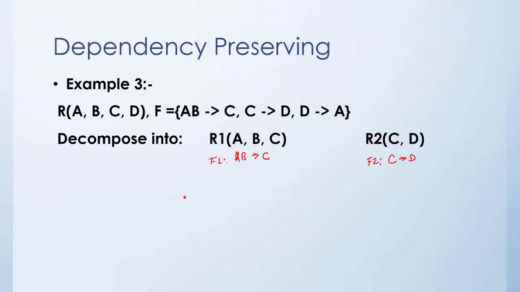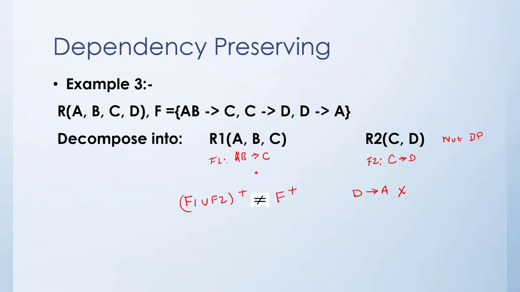You can see that the closure of F1 union F2 will not give me the closure of F because we are not able to get D determines A, this functional dependency, using F1 union F2 closure. So as this is not present, we can say that this decomposition is not dependency preserving.